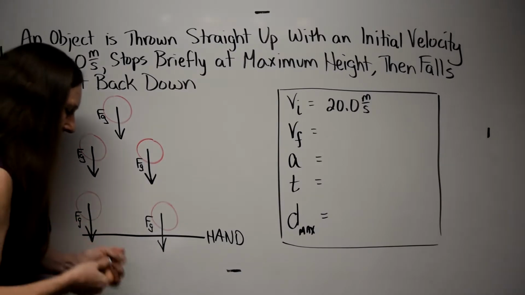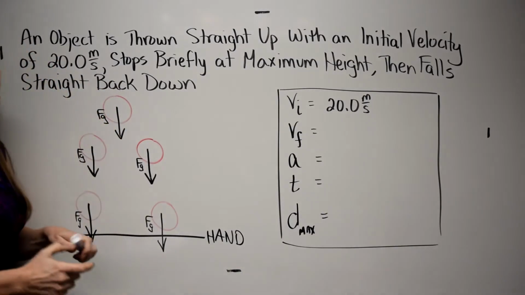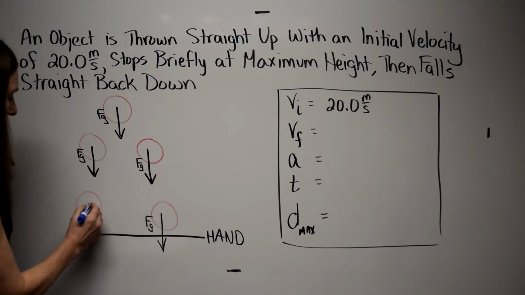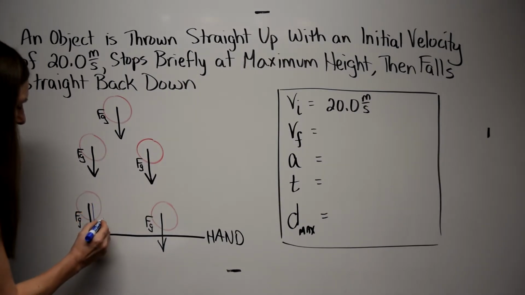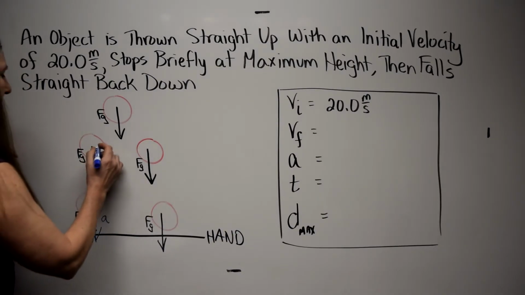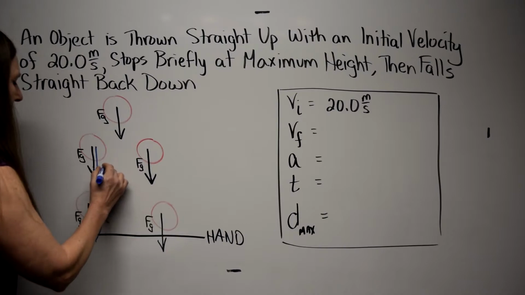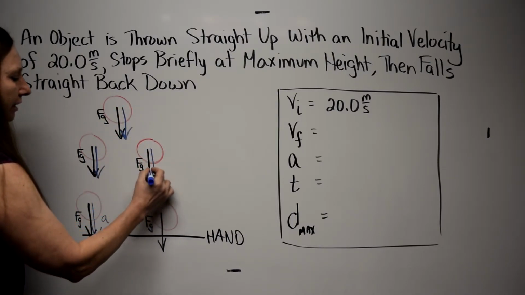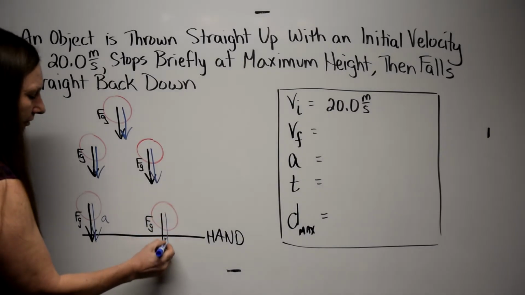Now, the entire time, the ball is accelerating. I'm going to draw the acceleration as a thin blue line. That's A or G. We know that it's 10 meters per second squared. The acceleration is straight down.